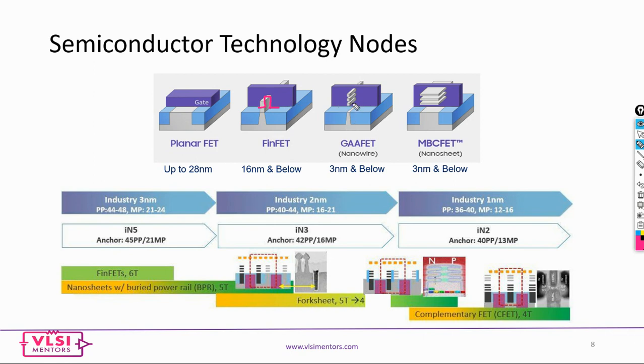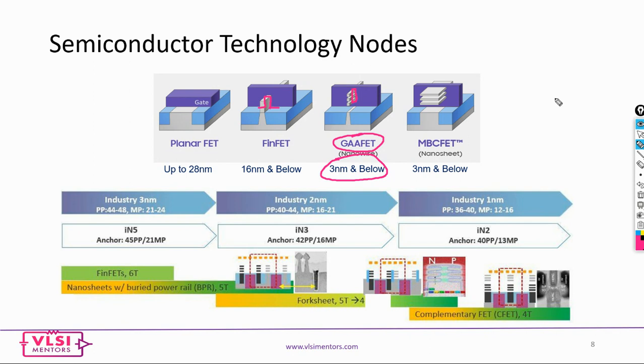The next one is gate all around. This is another technology where you still shrink the device, but you find a way to maintain the gate area. Gate all around is 3 nanometer and below. And there is the multi bridge FET and the complementary FET, which is another technology being explored.